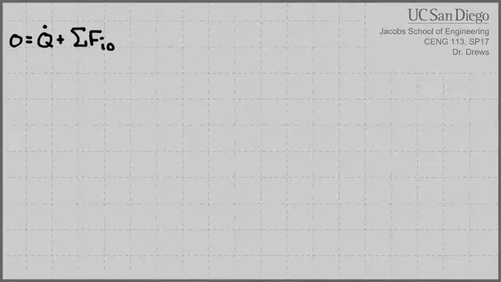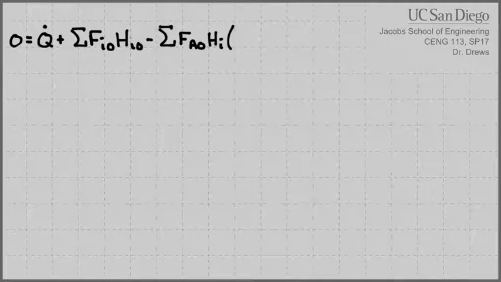So the version of the energy balance that we're dealing with is 0 is equal to Q plus a sum of Fi naught Hi naught minus the sum. So here I'm going to insert our stoichiometry: minus Fa naught times the enthalpy of I times theta I plus the stoichiometric coefficient of I times XA.